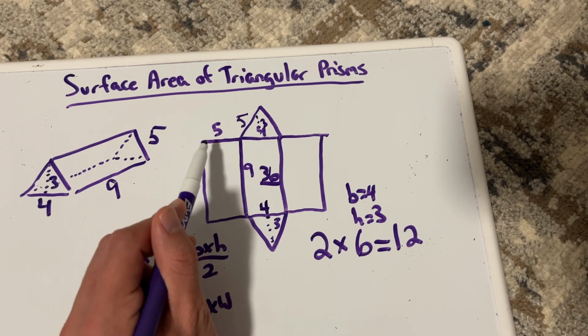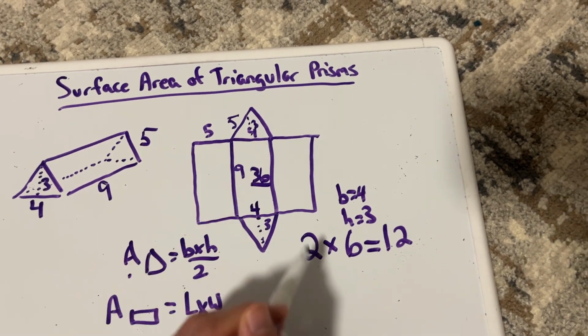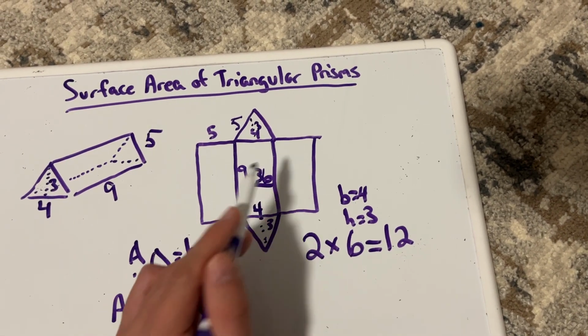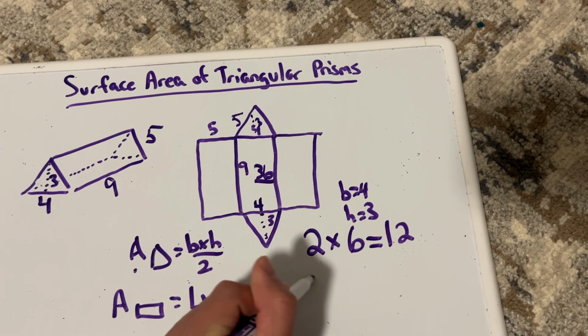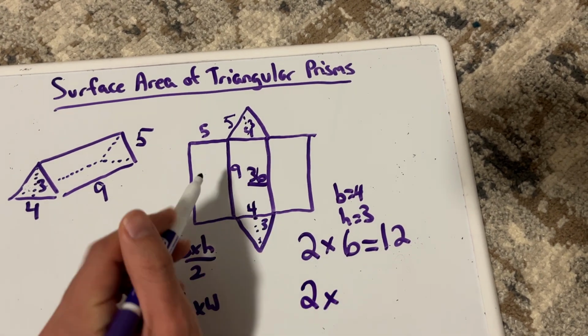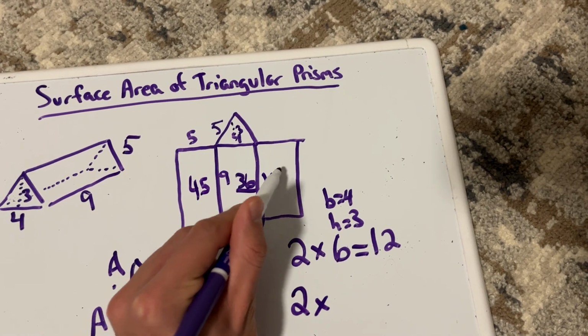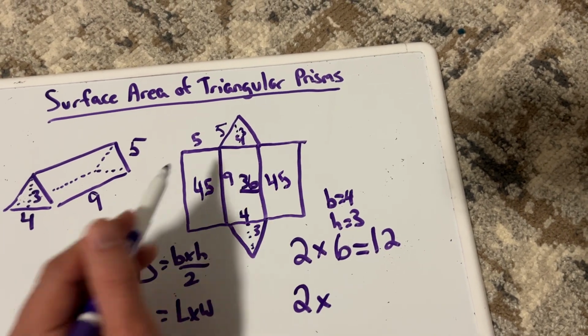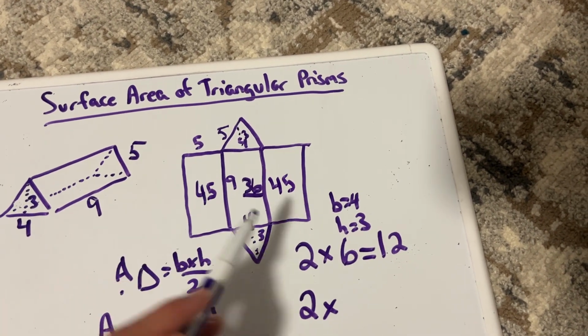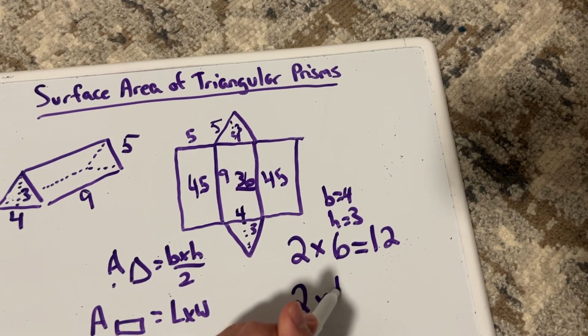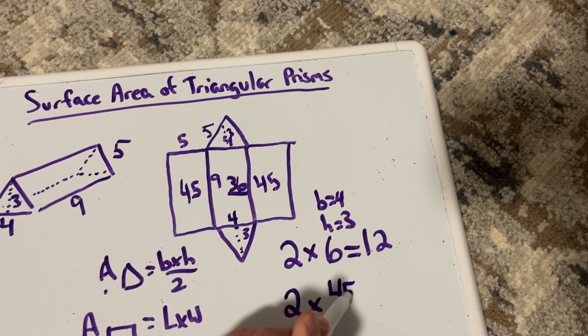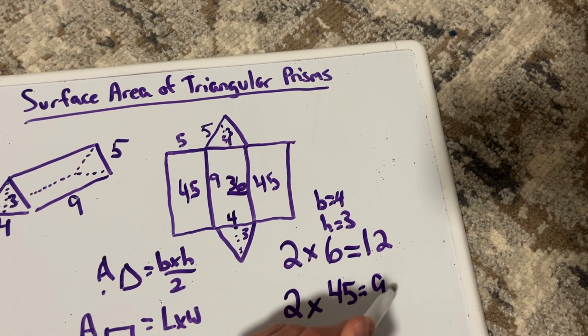We know that this is 5 times 9. There are 2 of these, 1, 2. 5 times 9 is 45. And this is 45 as well because they are the same on opposite sides. 2 times 45 equals 90.